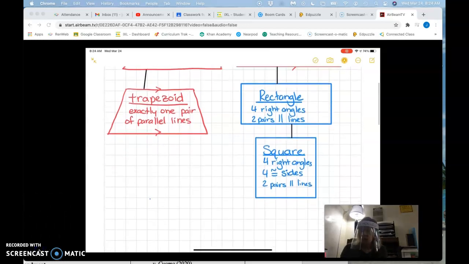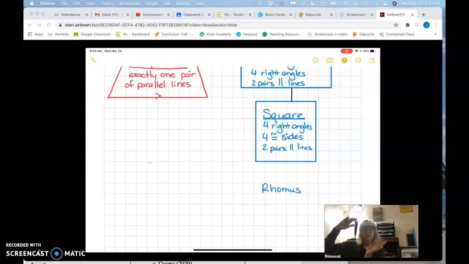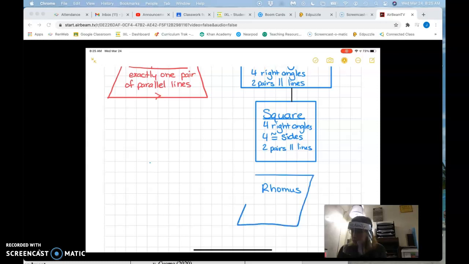And then the last type of parallelogram is going to be a rhombus. So a rhombus is like a square that's kind of been made crooked a little bit. It looks very much like a parallelogram, but all the sides are the same size. Whereas a parallelogram is more like a rectangle. A rhombus is like a square because all the sides are the same size. Okay, so we're going to say has four congruent sides.